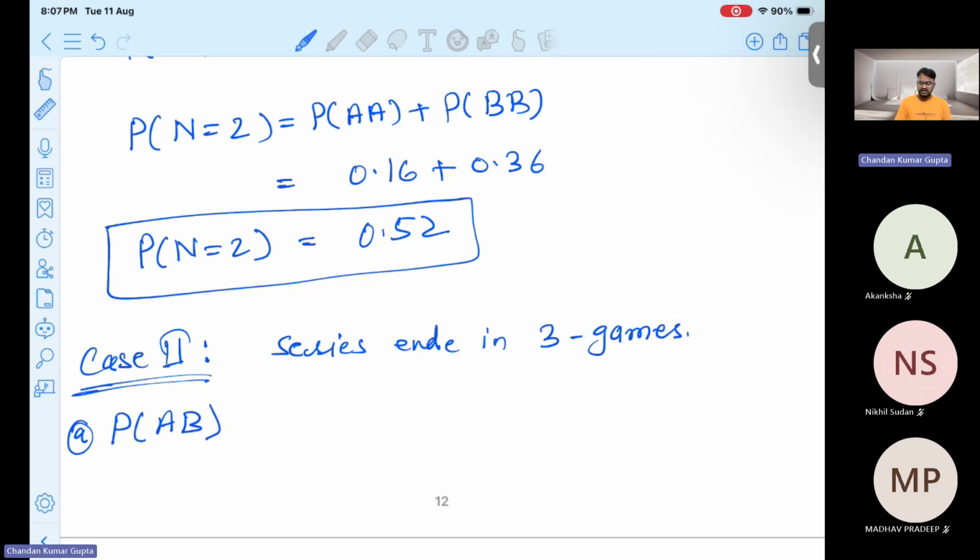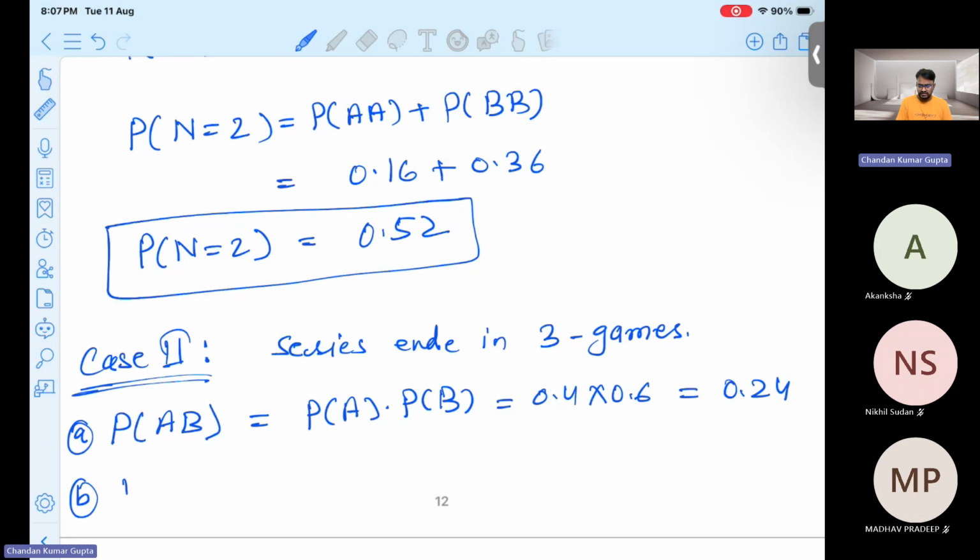The probability is the probability of A times the probability of B, as these are independent. So it's 0.4 times 0.6, which comes out to be 0.24.